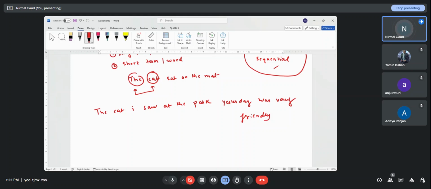Okay. And I need to identify the dependency between cat and was. This is long term dependency. You can see in the sequence, these two words are very far away from each other.